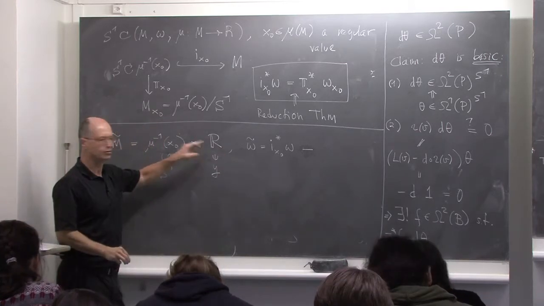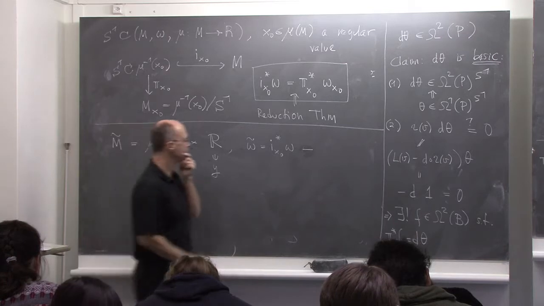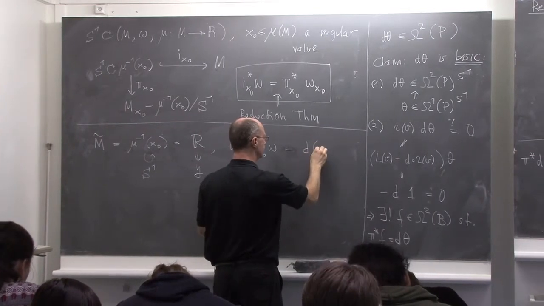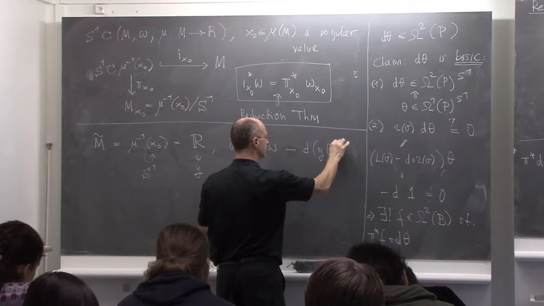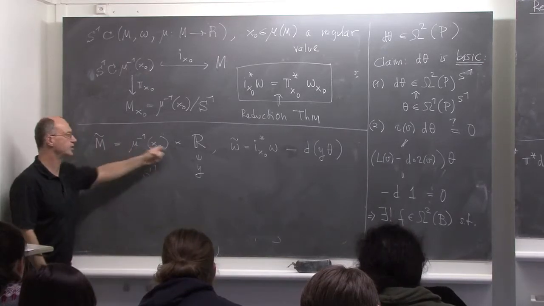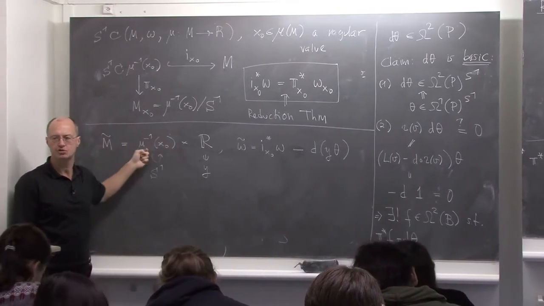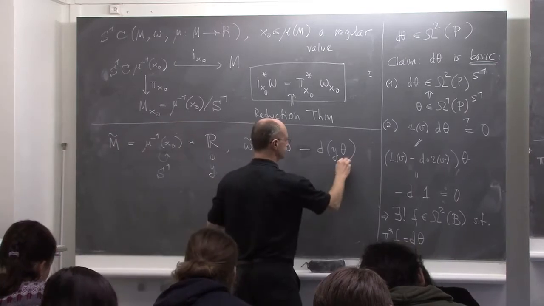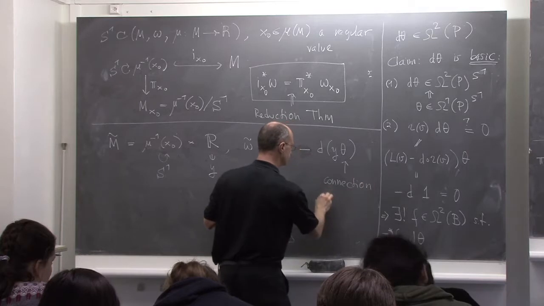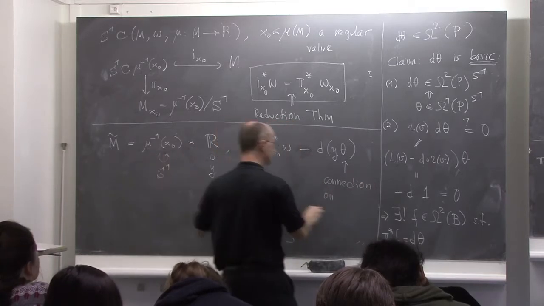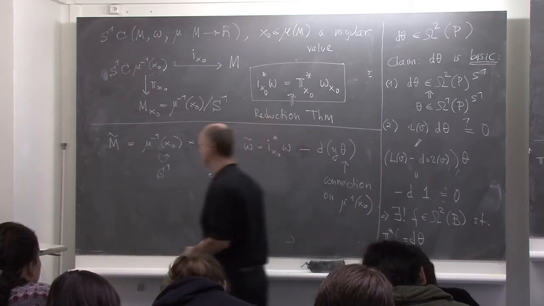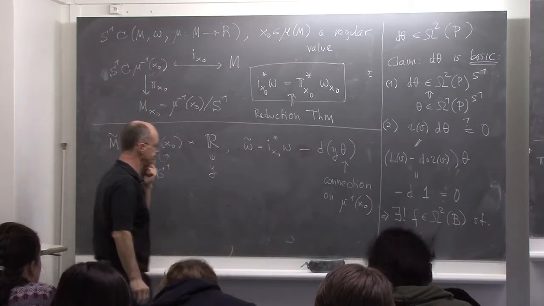So I will subtract d of y times theta, where theta would be some connection 1 form that I choose on this principal bundle, a connection on mu minus 1 of x naught.